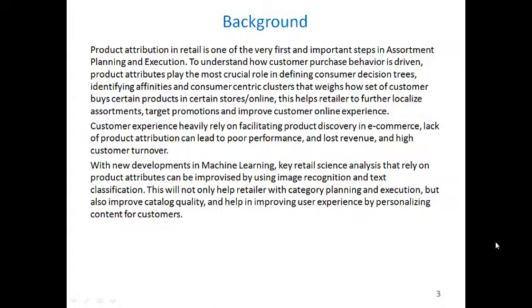The key usage of these product attributes is usually to further data mine. For instance, consumer-centric behaviors, like what a particular customer is buying in a particular category, do they like high heels, or flat heels, or are they a comfort customer. In order to identify those, product attributes play a key role as they are input into assortment planning.